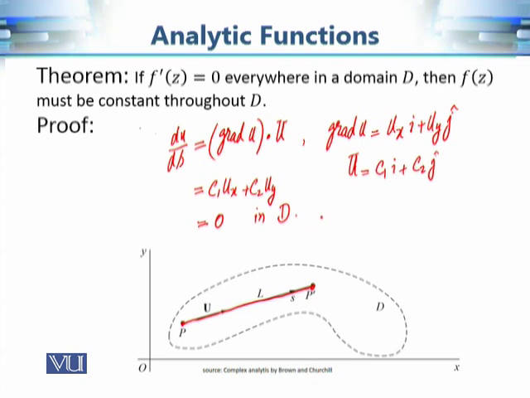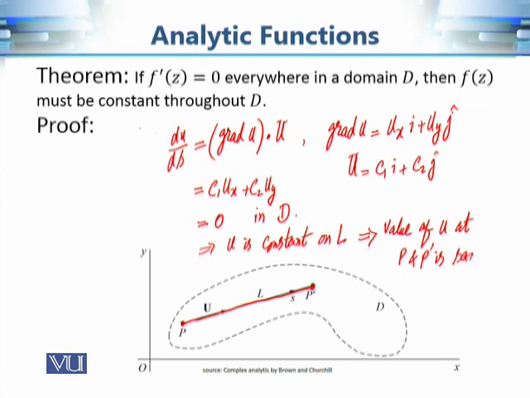So this implies that u is constant on this line L. It's a very simple implication that the value of u at P and P prime is the same. So this is the second step of our proof.